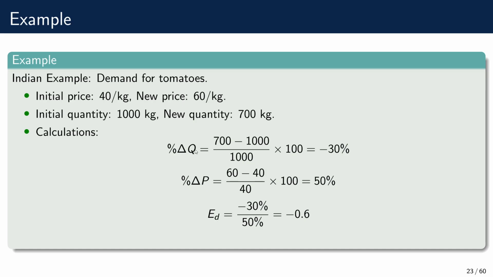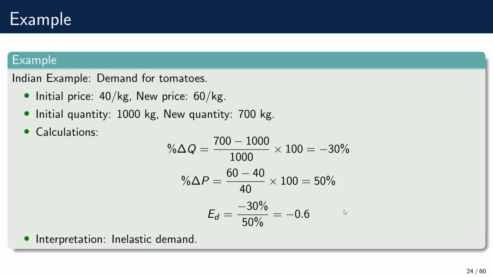Now we have these two percentages, plug them into the elasticity formula, that is percent change in demand divided by percent change in price, and it comes to minus 0.6. If we take the mod of this, it is less than 1, which shows us that the demand is inelastic.